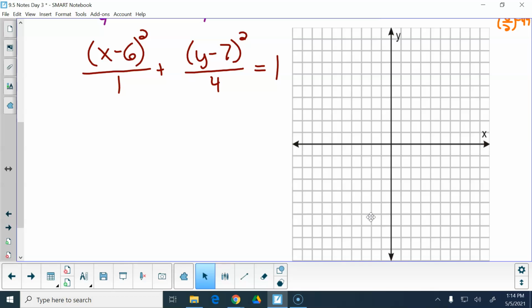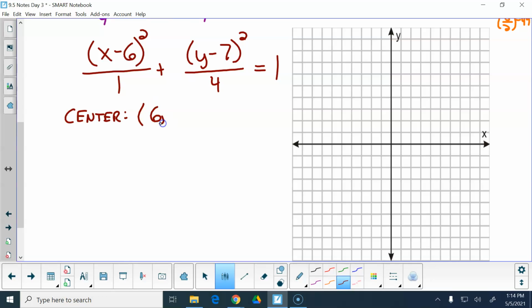So that is the ellipse that we need to graph and find the special points of. First special point is the center. What is the center of this ellipse? 6, 7. Left and right I go. How many? 1.